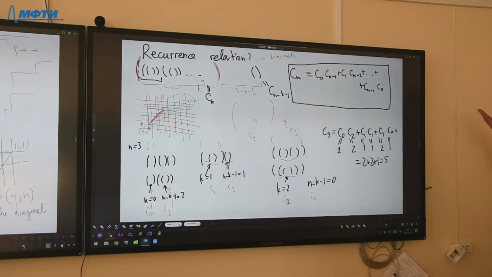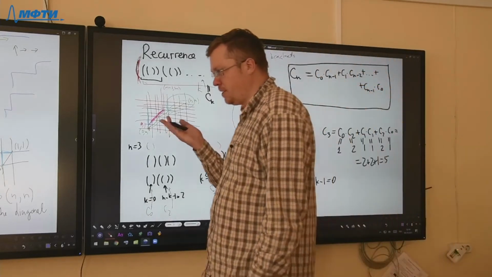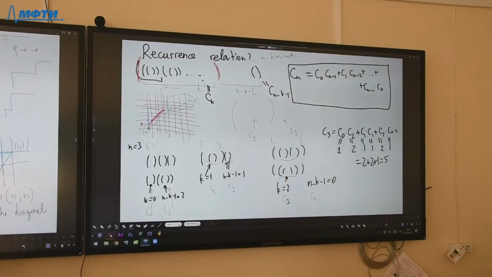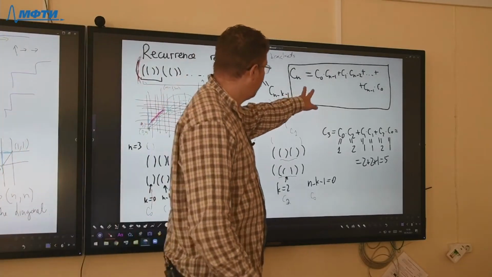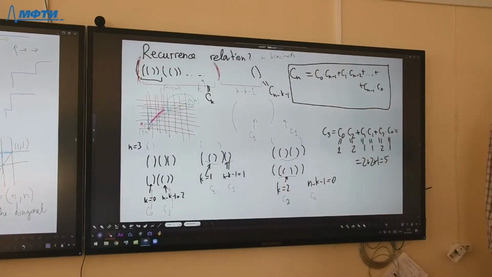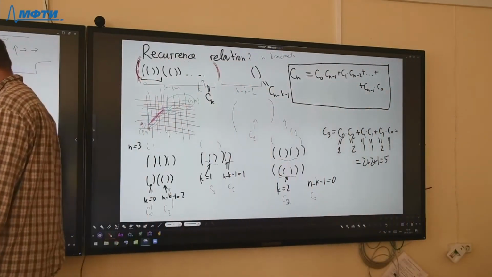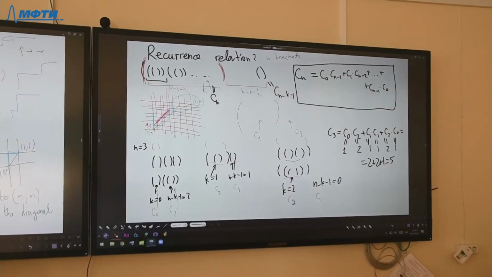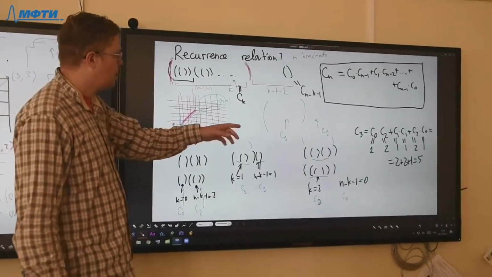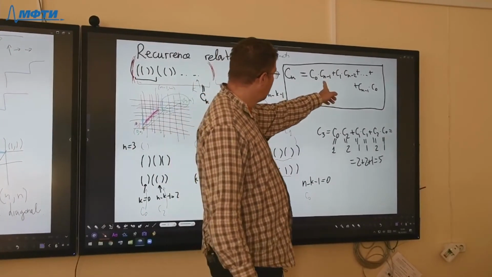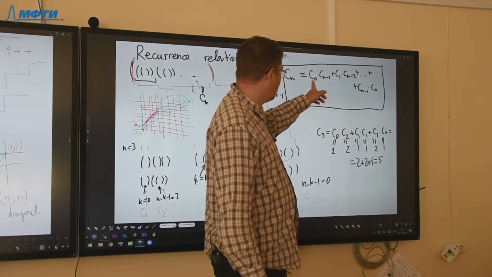So we have a recurrence relation, but it's tricky in two senses. First of all, it is not linear. It is some kind of quadratic relation, because my nth element depends on the sum of products of previous elements. And the second remark is that I need to calculate all previous elements.